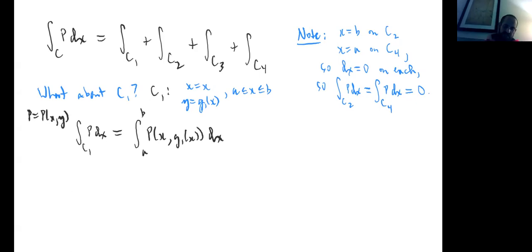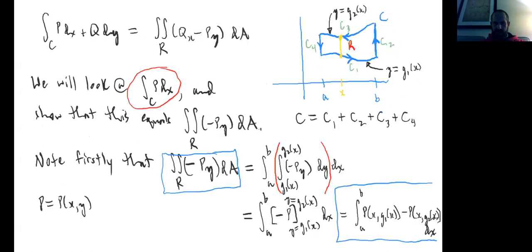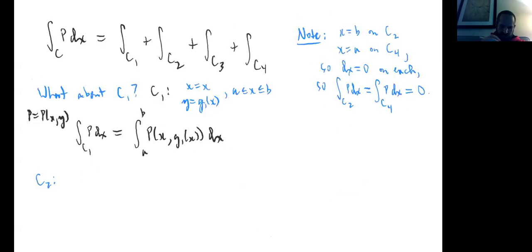Now, what about C2? Well, let's go back to the previous page and look at that for a minute. Not C2, C3, I'm sorry. Of course, the integral along C2 is 0.